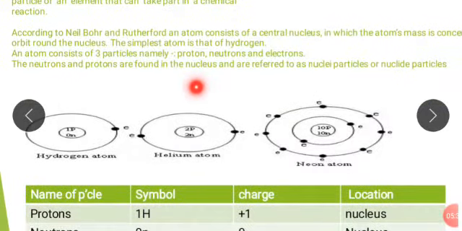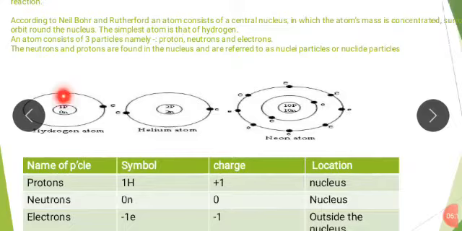You can look at the hydrogen atom. You can see the central part. This central part is called the nucleus. Then outside the nucleus we have the shells, and you can see the electron here in the shell. Inside the nucleus here we have protons and neutrons.